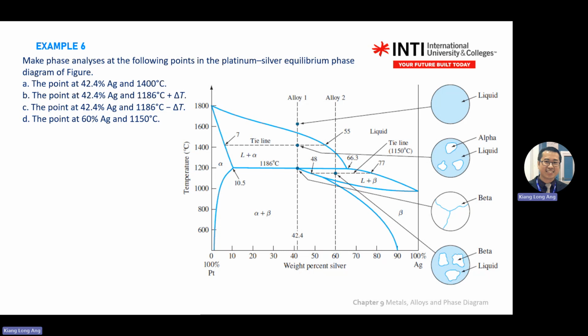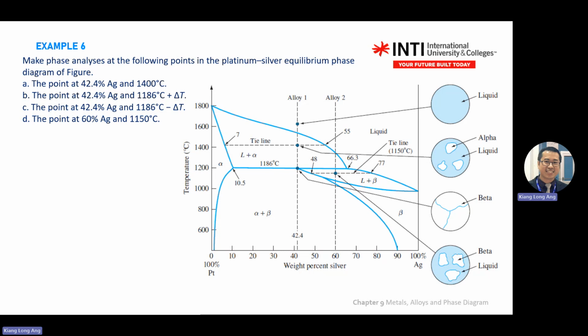Okay, so you should be able to imagine what is inside this dot here. At a point of 42% Ag at 1400 degrees C, what are the phases? For 1400, 42% Ag here is liquid plus solid.